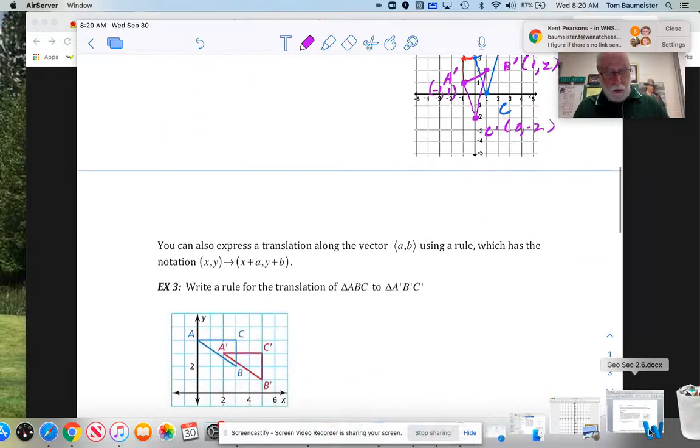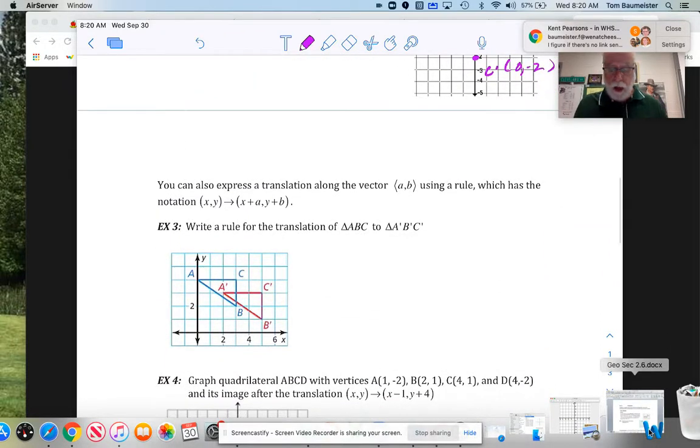All right, you can also express a translation along a vector using a rule which has the notation (x, y). The arrow means maps to, or I just say goes to. So (x, y) goes to (x + a, y + b). So write a rule for the translation of triangle ABC to triangle A prime, B prime, C prime.